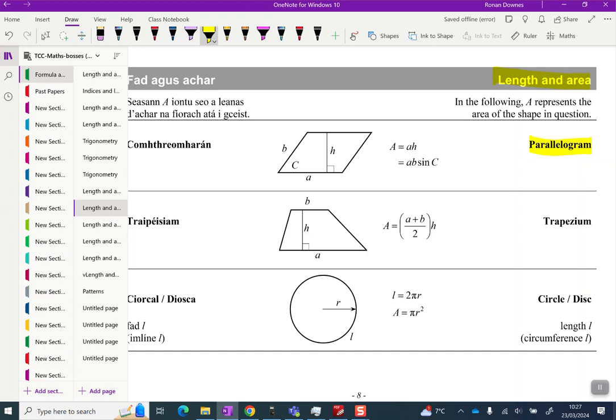There is this formula here on page 8, which says that the area is the base multiplied by the height. And of course, in the case of a rectangle, that's just, well, that's just like this. But it isn't.